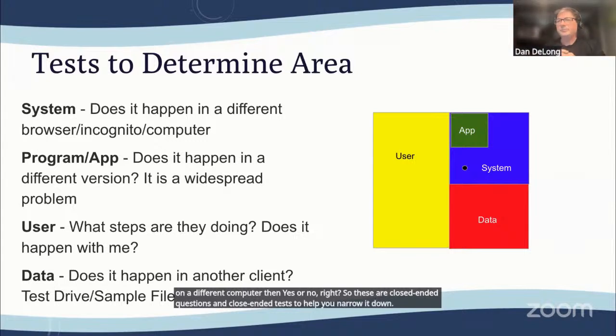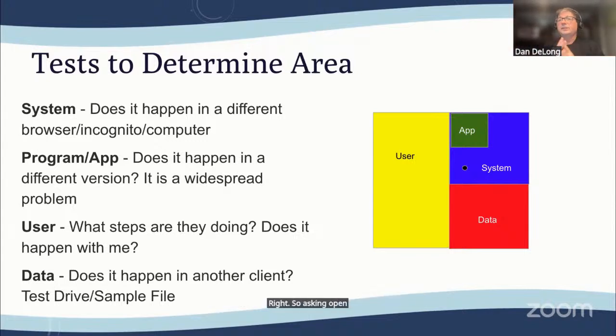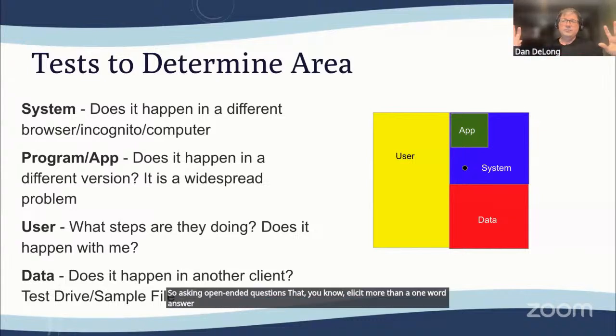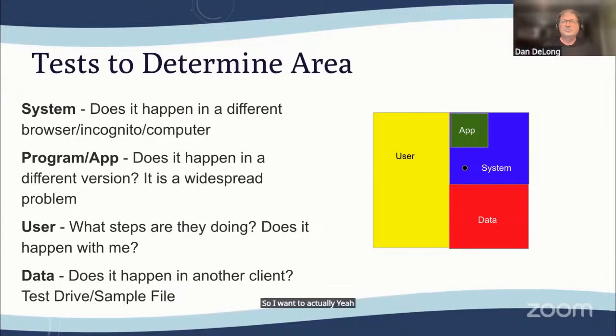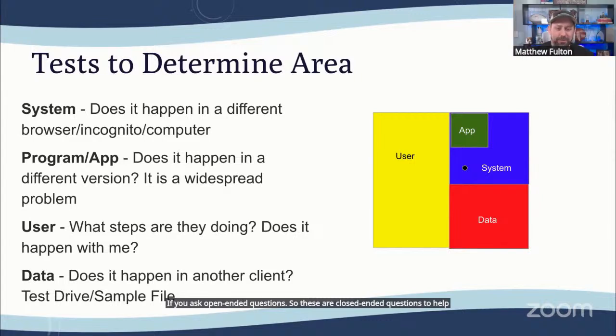Asking open-ended questions that elicit more than a one-word answer is certainly a way to not narrow it down. I'm sorry, that was horribly worded. Open-ended questions can let it get out of the box, so these close-ended questions help test binary.